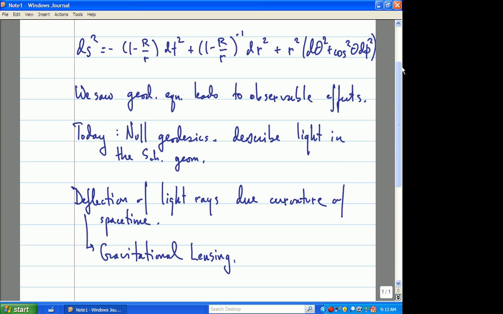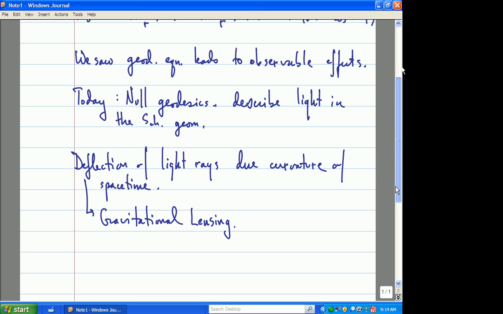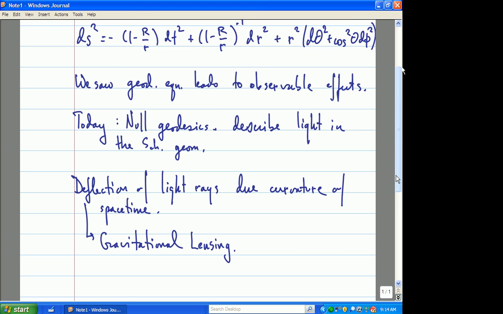So today, by studying the motion of null geodesics in the Schwarzschild geometry, we will begin a study of gravitational lensing, and we'll derive, for example, the famous effect that was observed by Eddington in the early days of the 20th century, as well as other effects that are studied by astronomers today. Before I begin our discussion of gravitational lensing, let me pause here and see if there are any questions.